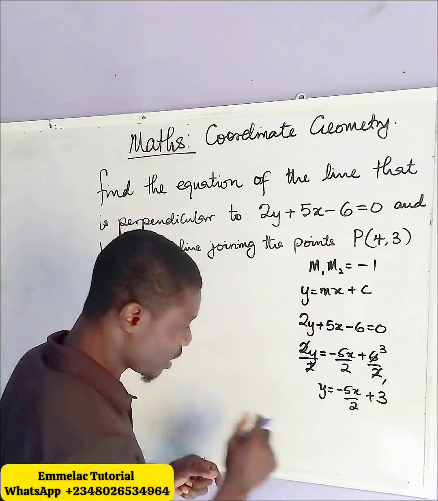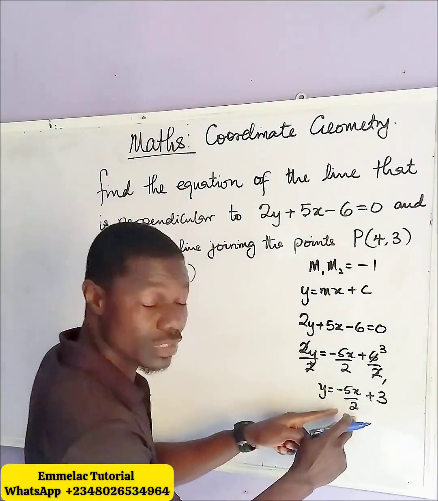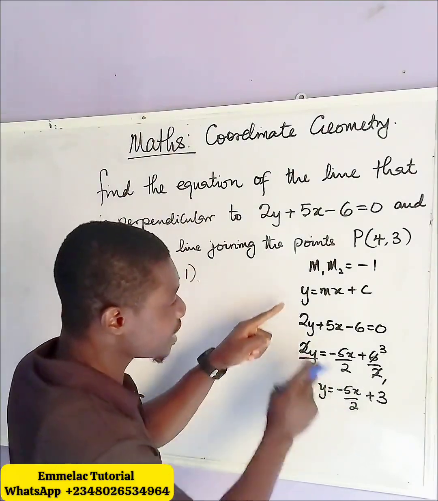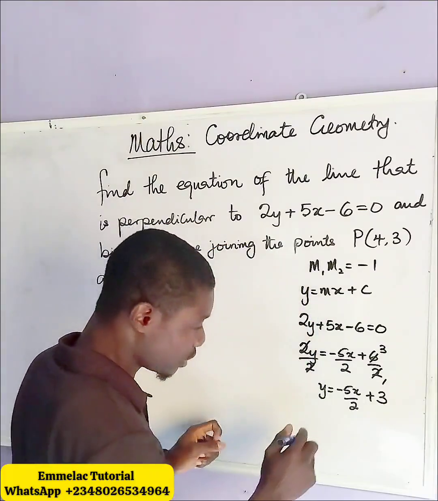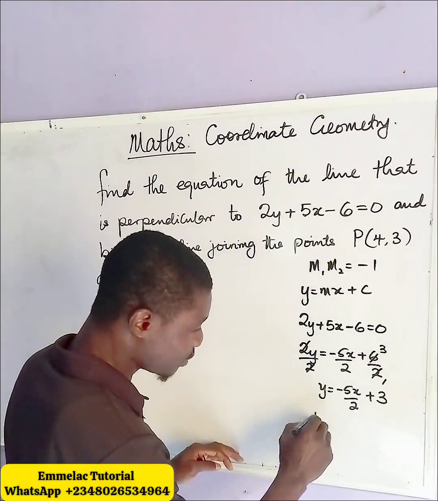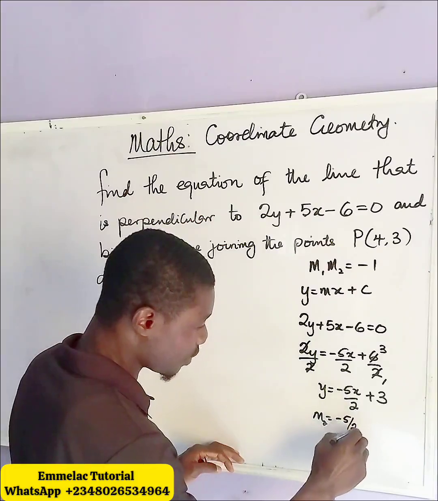So let's take this slope to be m2 and take the slope of the unknown equation as m1. So m2 equals negative 5 all over 2.